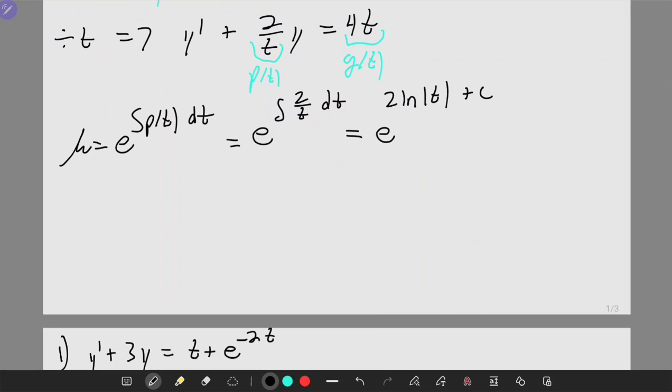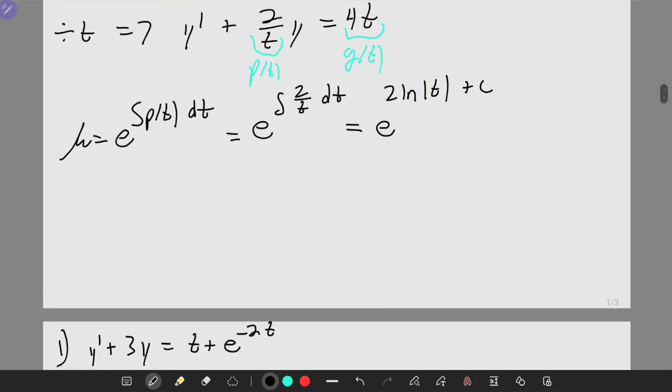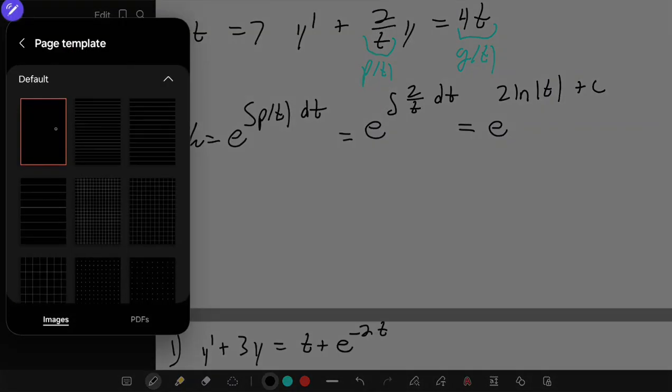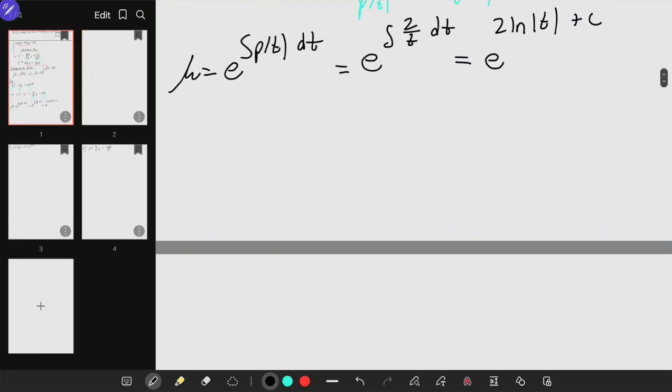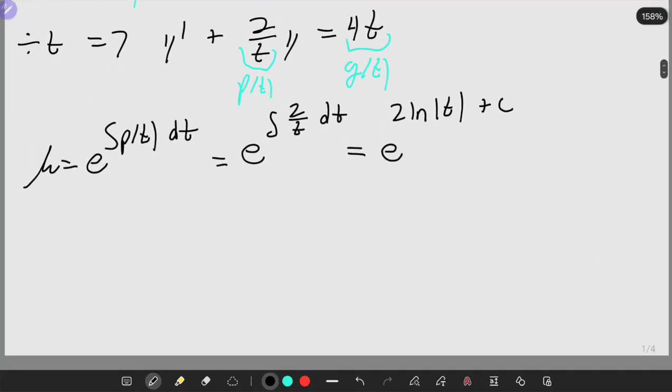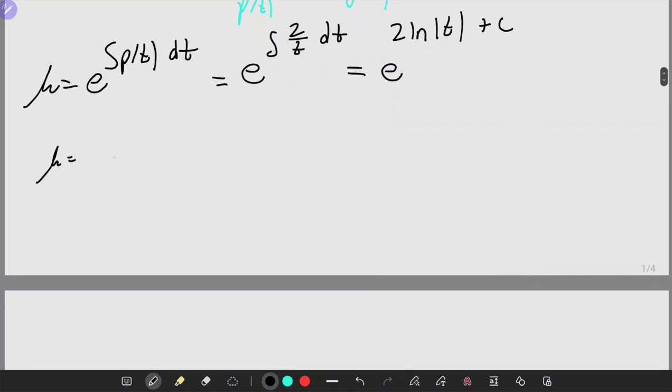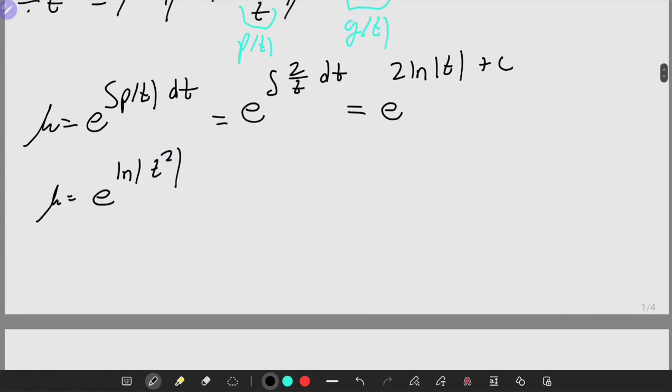So now what I'm going to do, let me add another page to this. Okay, so now what I'm going to do is rewrite this. Remember, anything times the natural log can be rewritten like this. Since this was multiplied by 2, we can exponentiate the inside of our natural log to whatever was multiplied out front.